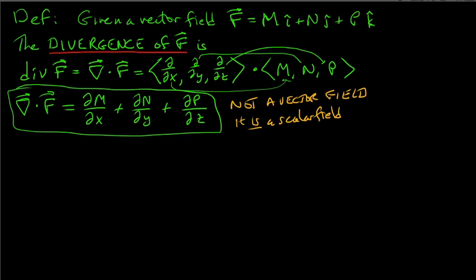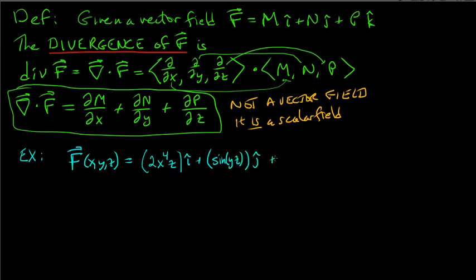Okay, let's take a look. Let's do an example. It's not example 1, it's just an example. So here's a vector field. F is a function of x, y, and z. Let's say the three components are 2x to the 4th times z, that's the i component, plus sine of yz is the j component.